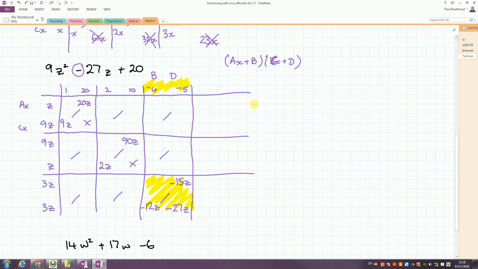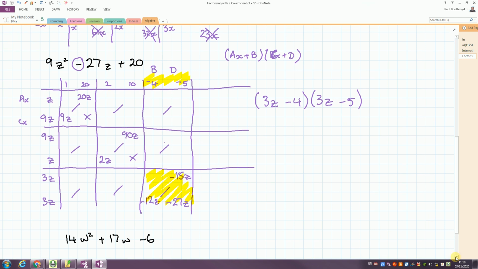I now know my brackets. 3z is my ax, b is minus 4, cx is 3z, and that multiplies by minus 5. Oh, sorry, that's cx, which multiplies by minus 4, and this one multiplies by the minus 5 on the other side.